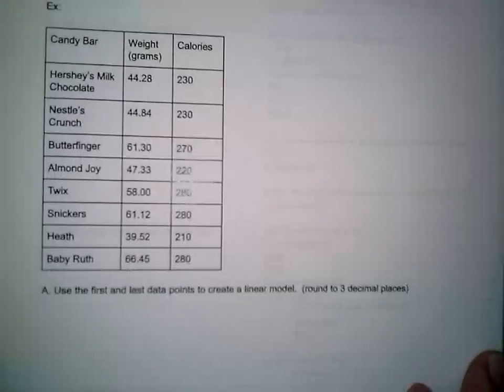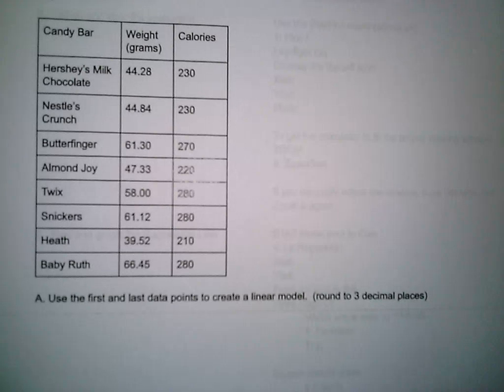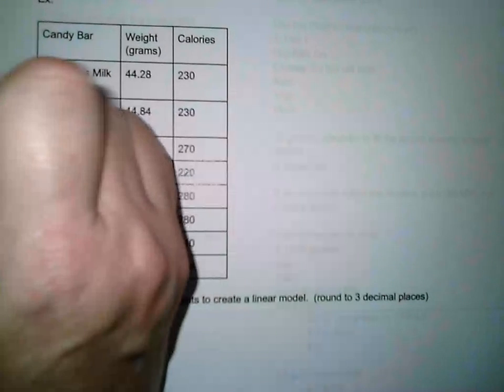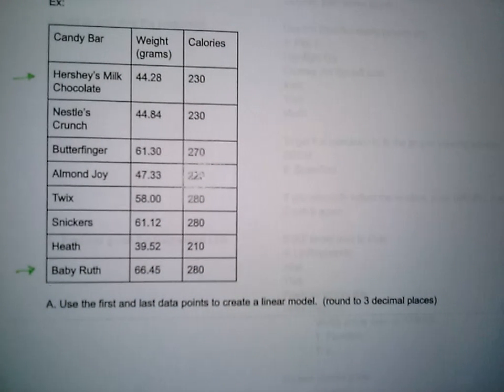So what they're wanting us to do is to start by using the first and last data points to create a linear model. So we're going to use this guy here, the Hershey's milk chocolate, and this guy here, the Baby Ruth.